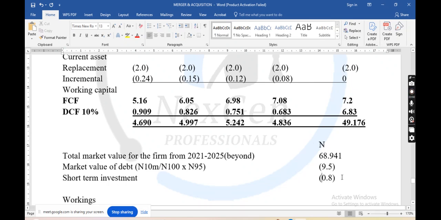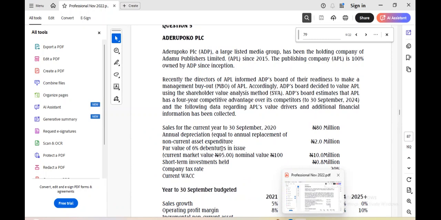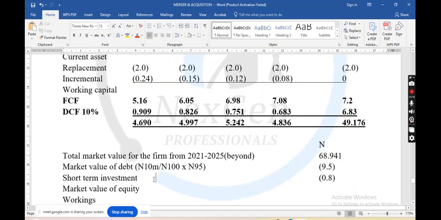So, what do we have? What is the market value of equity now? The short-term could be like a debt to them, right?